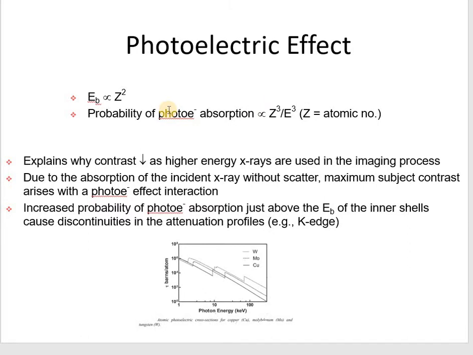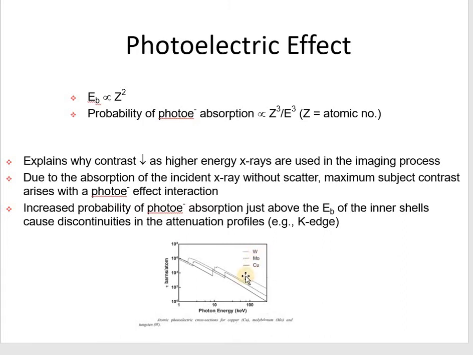And the photoelectric absorption is inversely proportional to the energy. So let's have a look here. We've seen this figure before. These are three different elements: tungsten, molybdenum and copper, with tungsten having the highest atomic number.